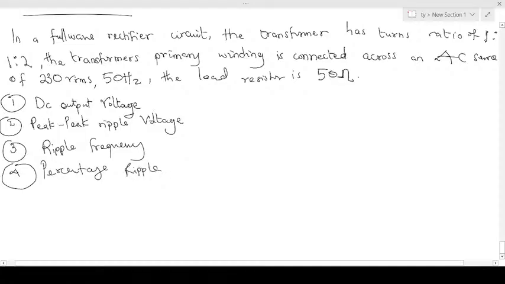How do we calculate our DC output voltage? We previously found that our DC output voltage, or V average, is equal to V DC, which is equal to 2 Vm over pi.